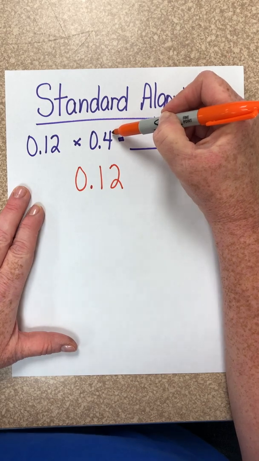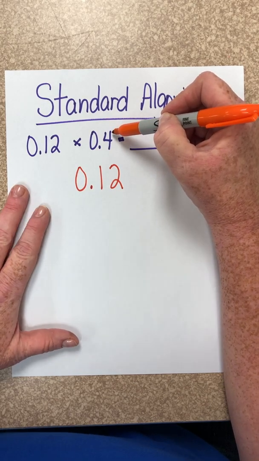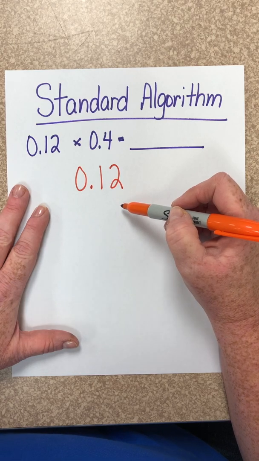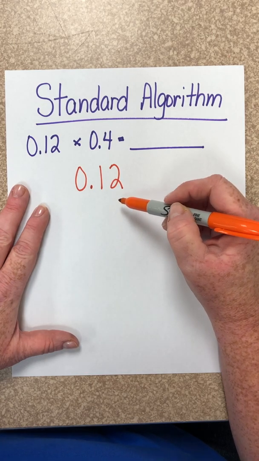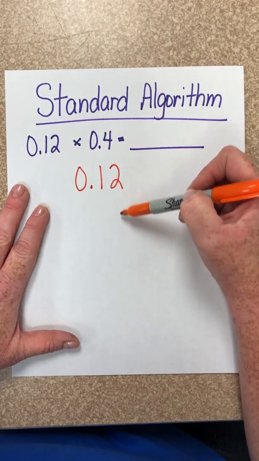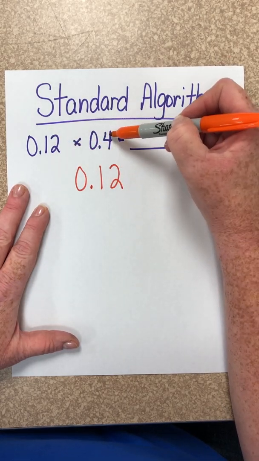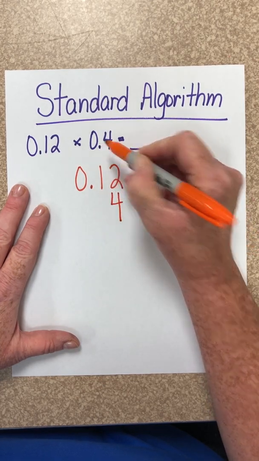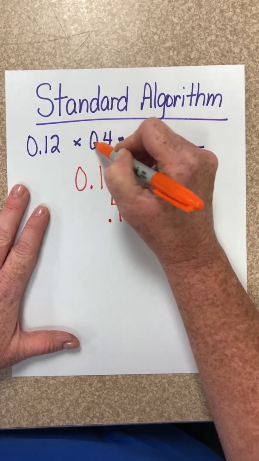And this factor has 1 digit, so we're going to put it below. But when we multiply with decimals, we have to line up the numbers on the right column. So 2 is in that right column. That means the 4 is going to go right below it. Then the decimal point, then the 0.